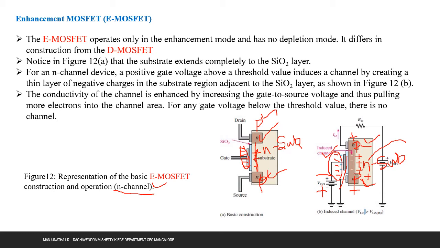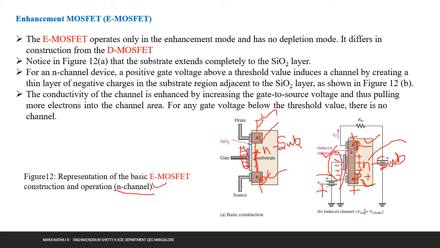So since we are giving a negative VGG, we are able to create the P channel between two P regions. That is the difference between N channel operation and P channel operation.